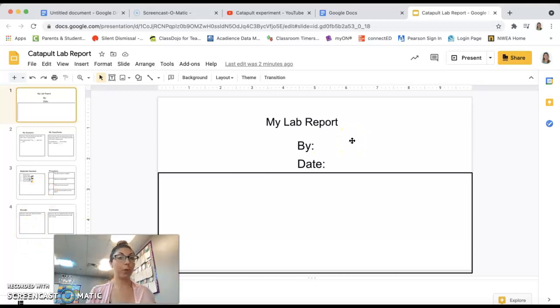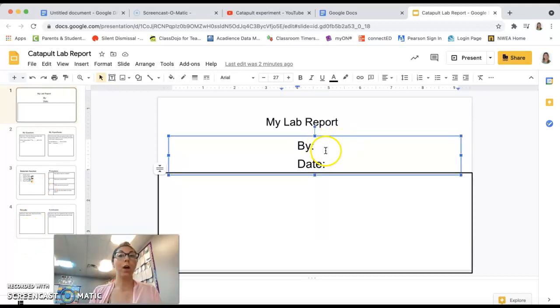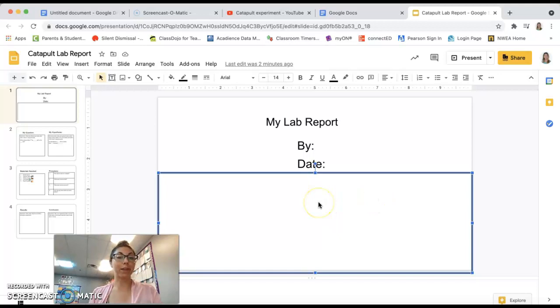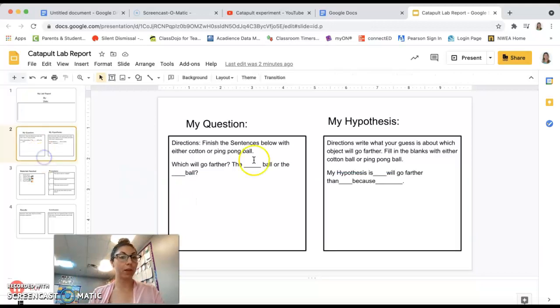All right, so for the people who are using a digital copy, write your name here in the by section and write today's date here. Just leave this box blank. This box would be if you wanted to add a picture of a catapult, but if you don't, that's fine. The next part is either you're going to write using a pencil on your paper.